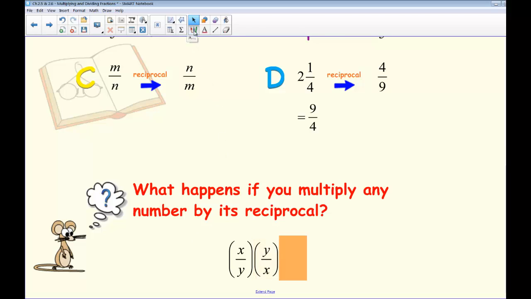So if I were to multiply these two, well, x times y is xy, y times x is yx, or really it's xy. Doesn't matter how you multiply two numbers, doesn't matter what order you multiply them in, it's going to be the same thing. So therefore it's going to work out to be 1.